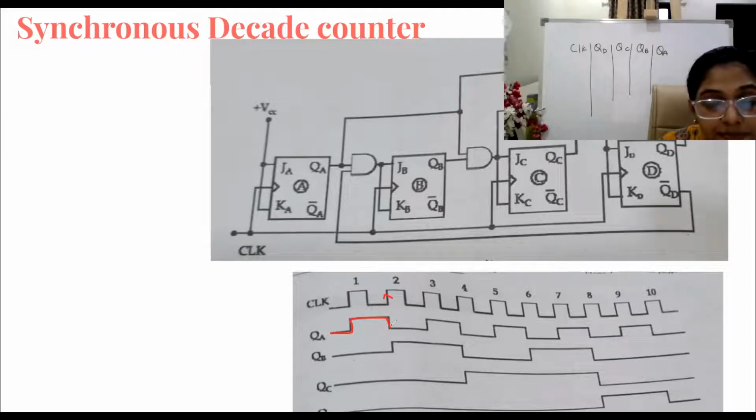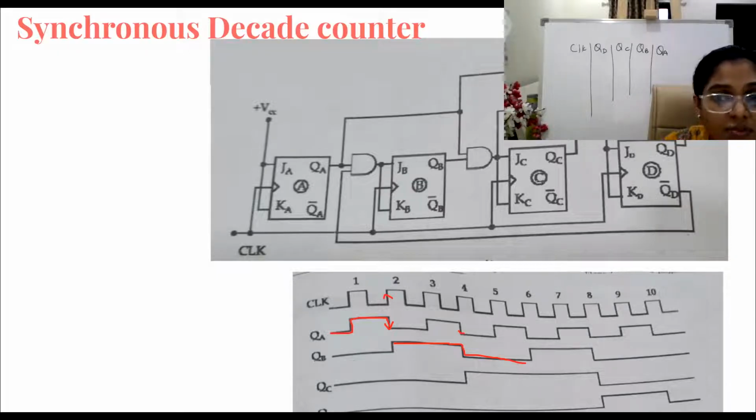Look at QB. QB is changing state at every falling edge of QA. ठीक है, QA जैसे ही state बदलता है QB भी state बदलेगा, 0 से 1 होगा, 1 से 0 होगा, whatever it is, and QC and so on QD. Now, what happens at the 10th clock pulse?